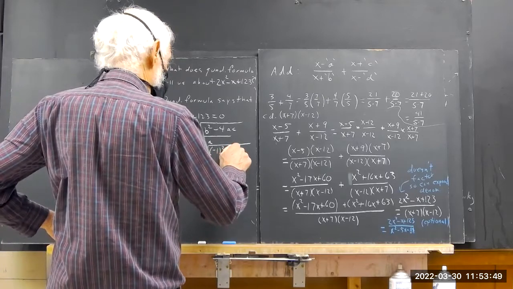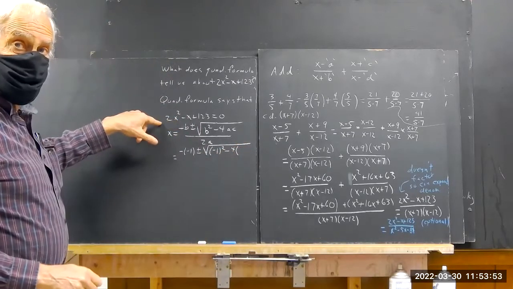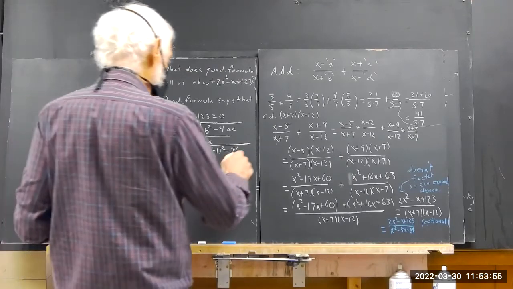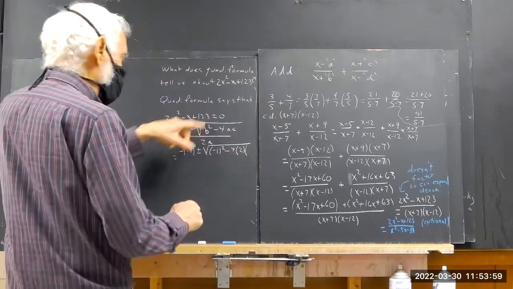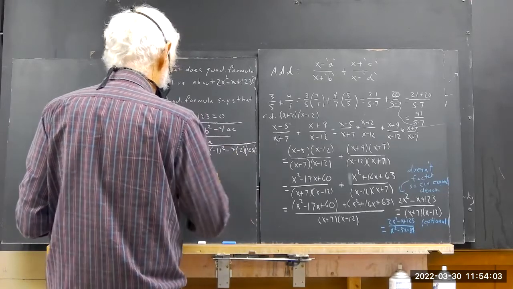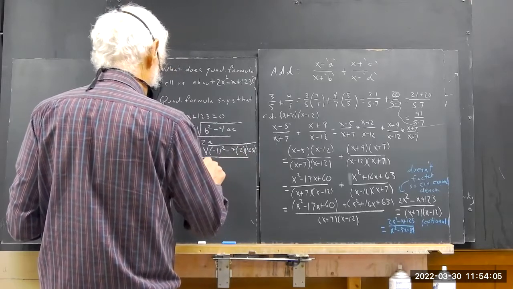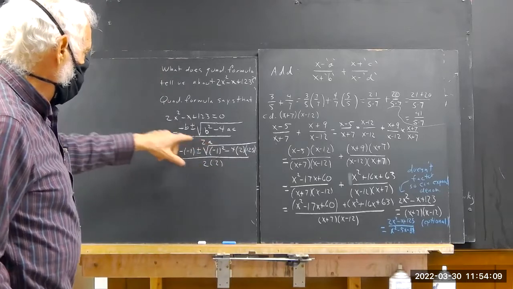So anyhow, it's -4 then times A. Well, A is the number in front of X squared. That's 2. And C is the number you got left over here. That's 123. And 2A is 2 times 2.